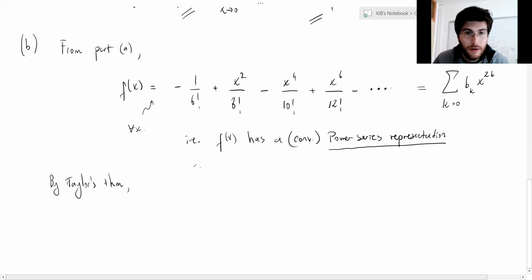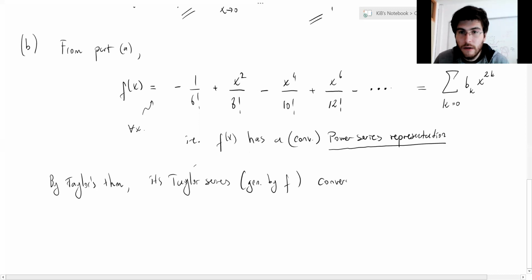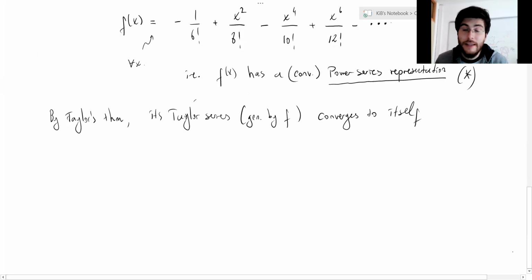You should understand. By Taylor theorem, the Taylor series generated by f converges to itself. But remember, this is an important property of this f. Since it has already a power series representation, what I mean is that f(x) is indeed convergent.